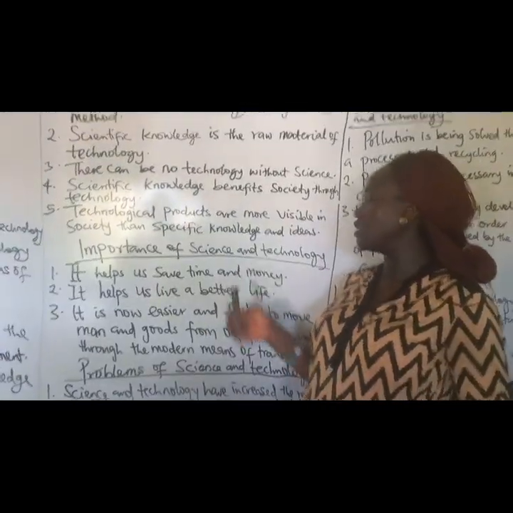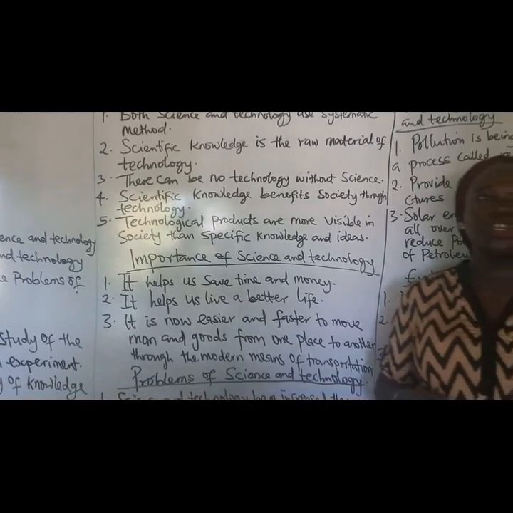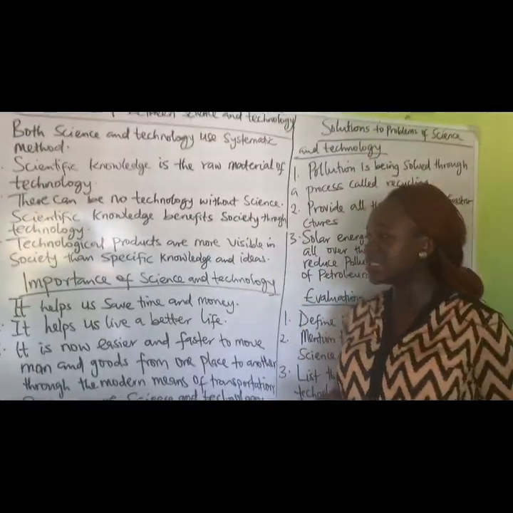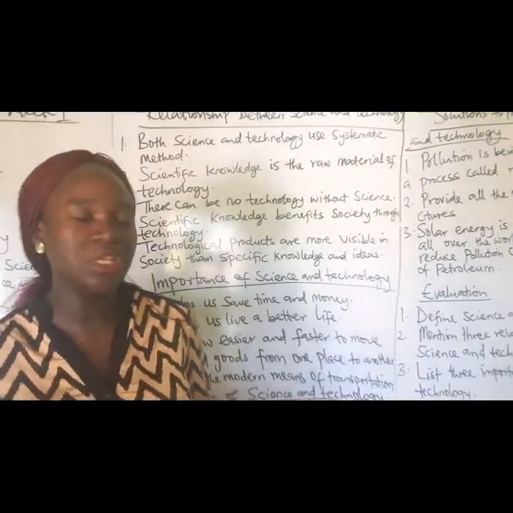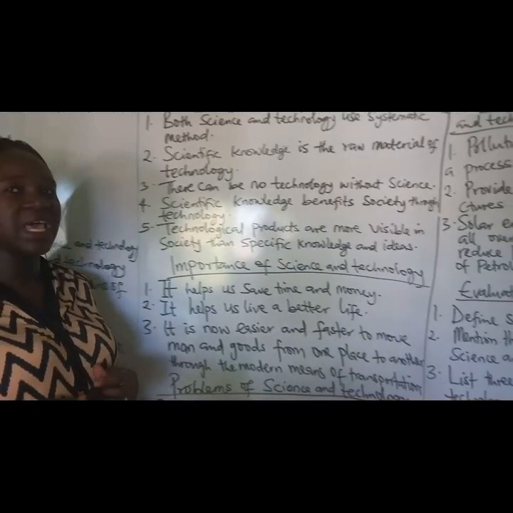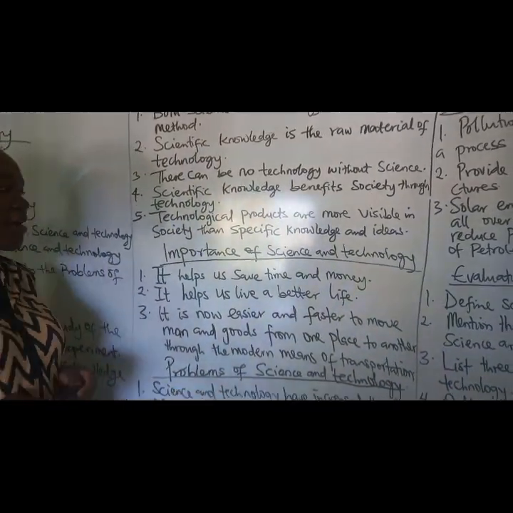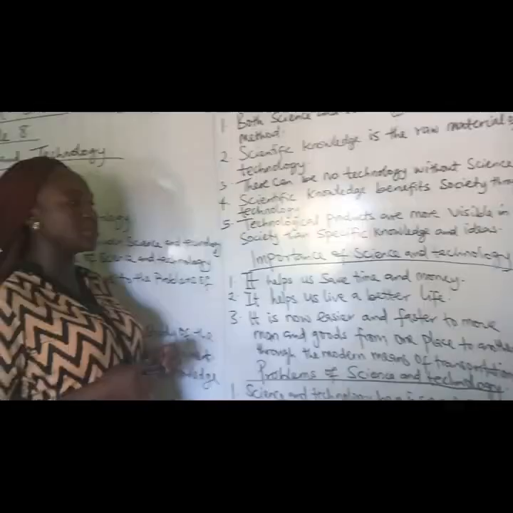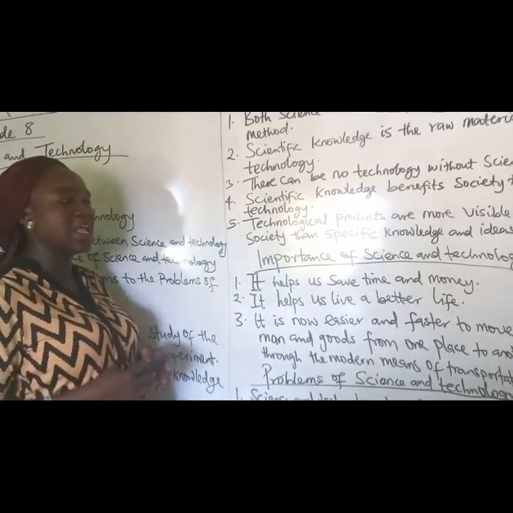What are the importance of science and technology to human and to the society? We say that it helps us to save time and money. When we talk of saving time and money, we have so many things that we use our money and time for.